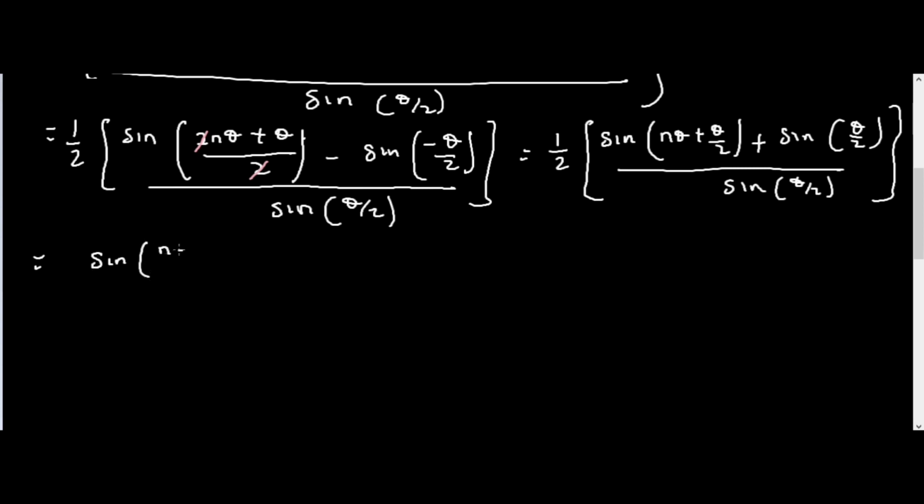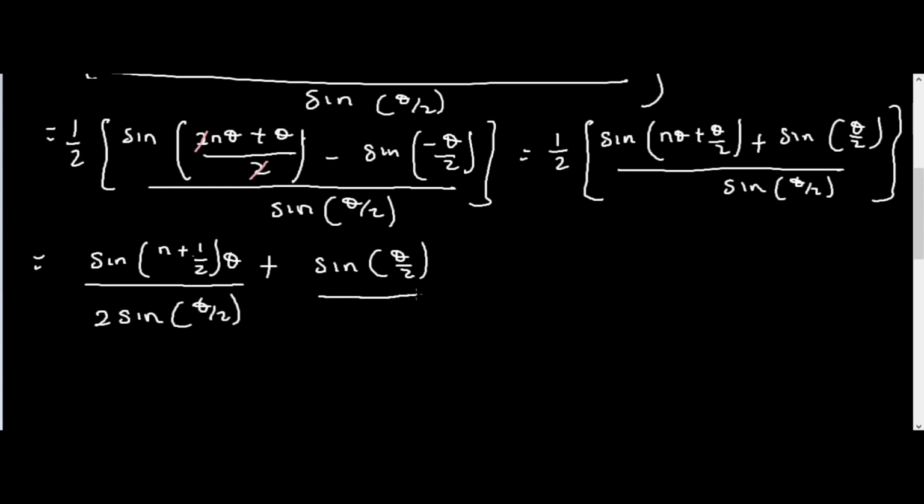So I have n plus 1 over 2, I just brought out the theta, then plus sine theta over 2. This is over, I'm multiplying that to now sine theta over 2, over 2 sine theta over 2.